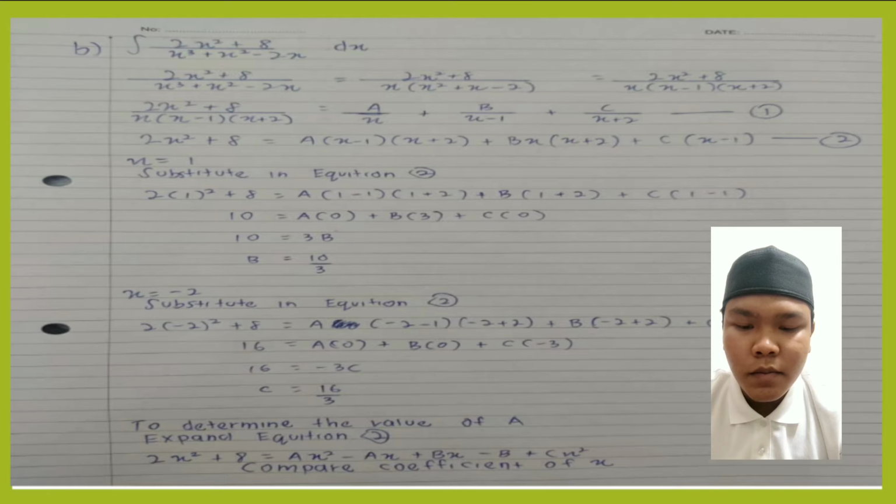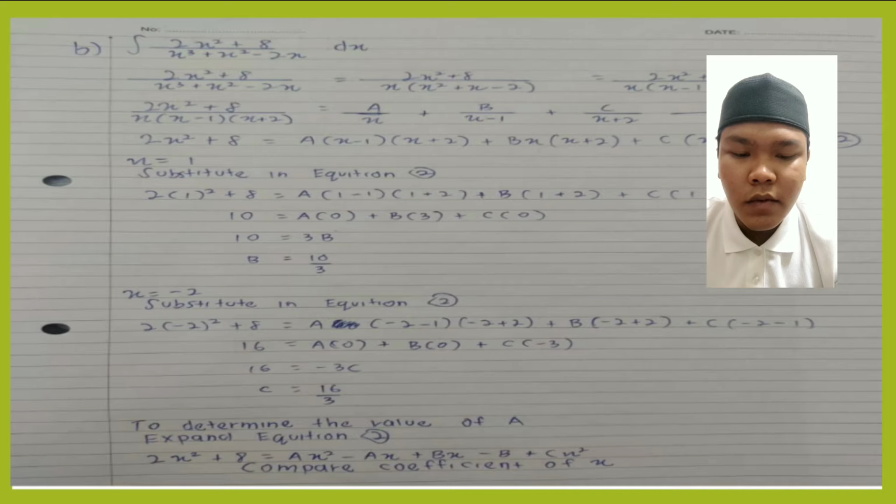To find b, with the value x equals 1, substitute in the second equation to get b equals 10 over 3. To find c, with the value x equals negative 2, substitute also in the second equation to get c equals 16 over 3.